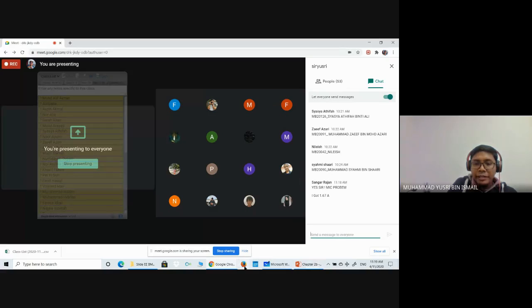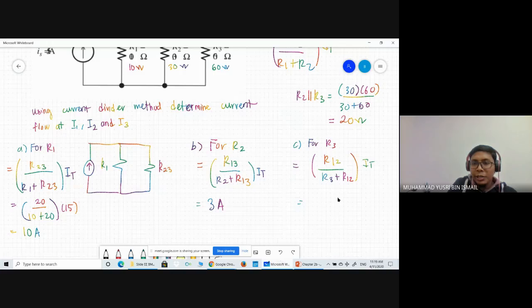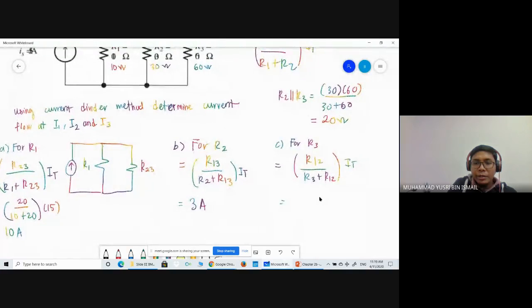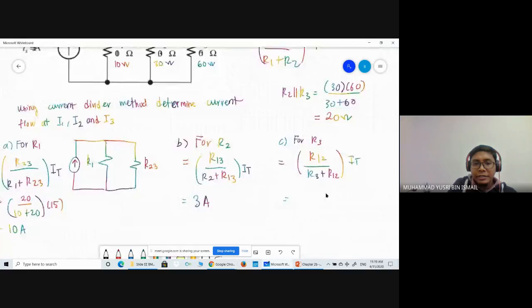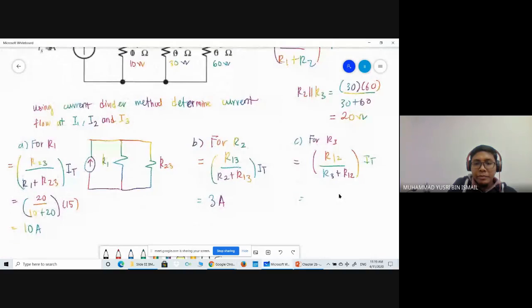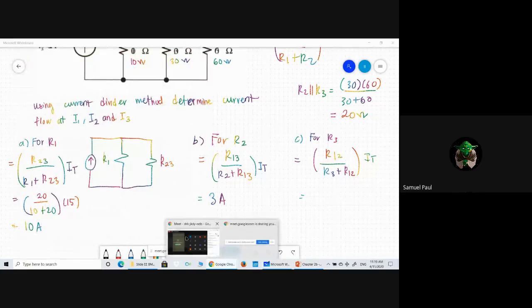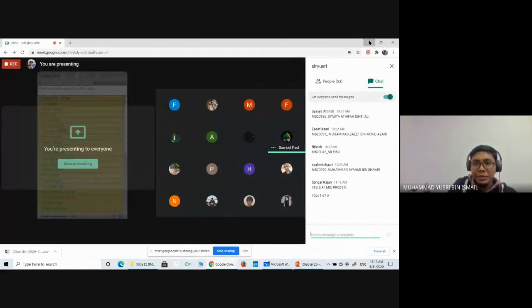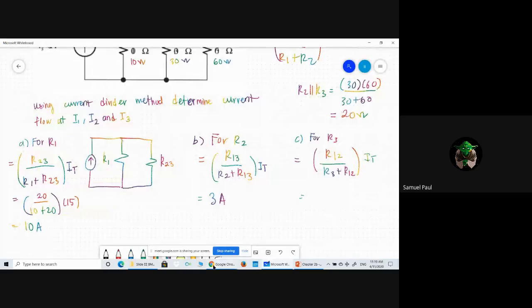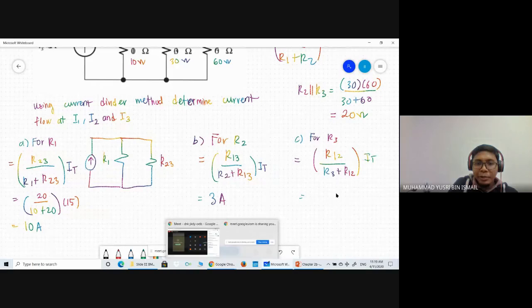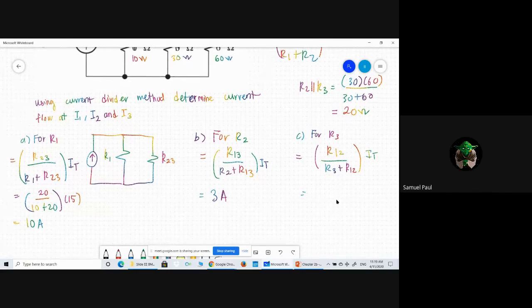I'm afraid that maybe the answer is not correct. Sir, I got 1.67 also. 1.67 also? Yeah, but for R2, I got 3.33 ampere. 3.33, not 3, okay.